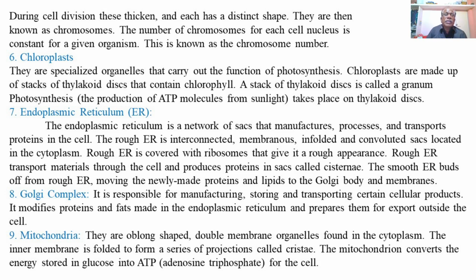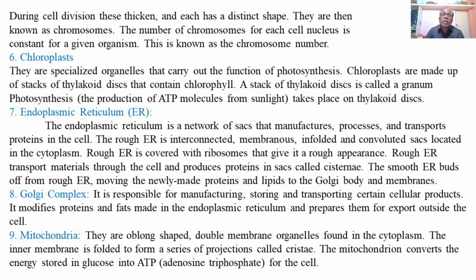So, the Golgi complex is responsible for manufacturing, storing and transporting certain cellular products; it modifies the proteins and fats made by the endoplasmic reticulum and prepares them for export to the outside of the cell.